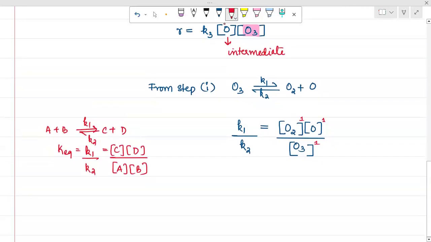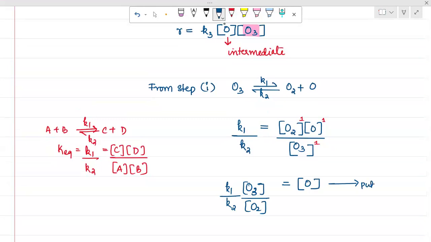Now from this, you can rearrange the expression for O. You can keep O, which is our intermediate, on one side, and it can be written as K1 by K2, concentration of O3 divided by O2, correct? When you rearrange, you'll get this expression. Now you will use this and put the expression of the intermediate O in the rate determining step, equation 1.